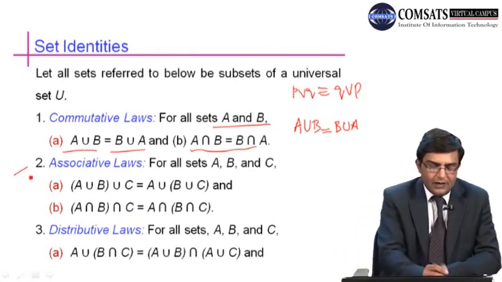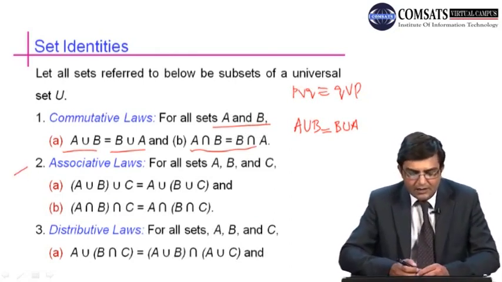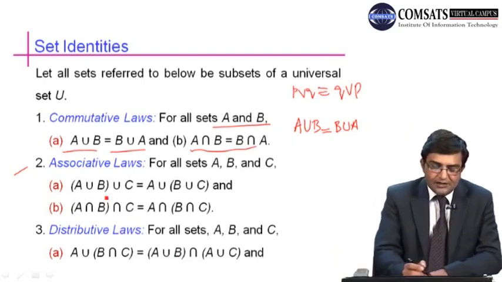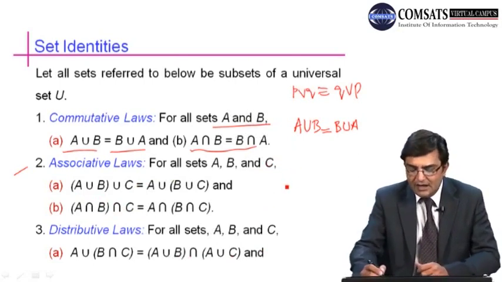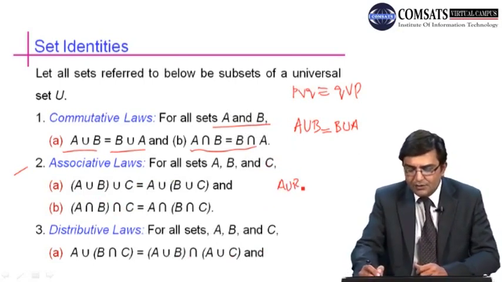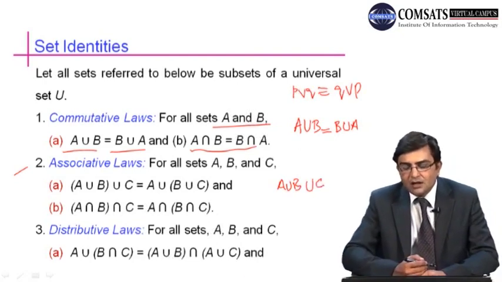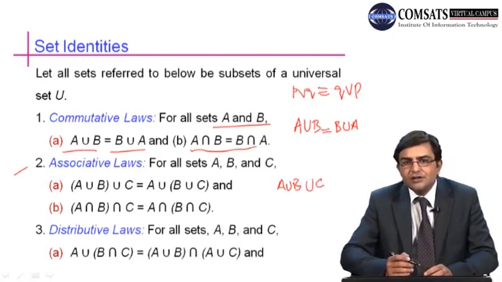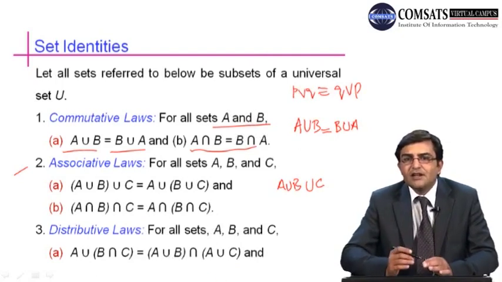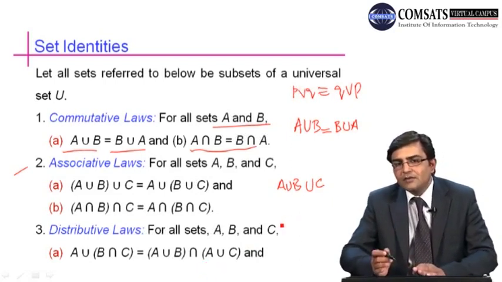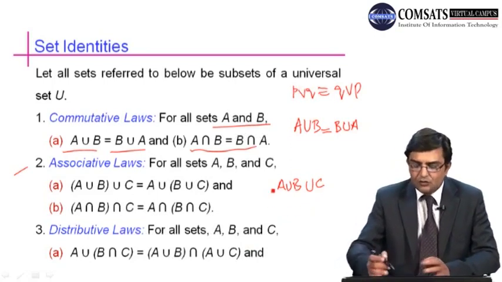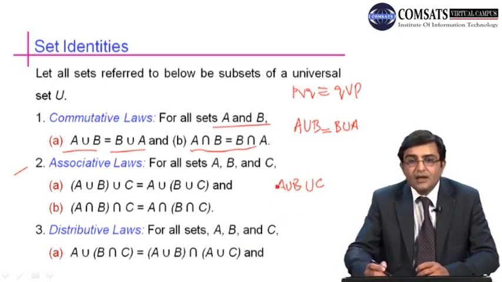The next identity is the associative law. The associative law states that if we have three sets A, B and C, we cannot take the union of three sets at a time. First we take the union of two sets, and then we take the union of the resulting set with another set C. So we have to put brackets around any two sets.